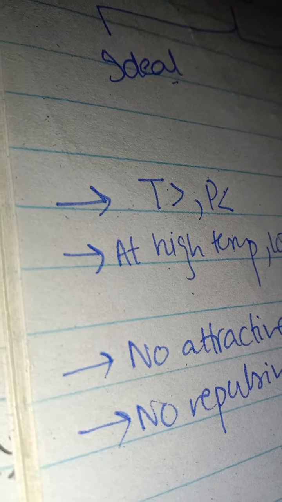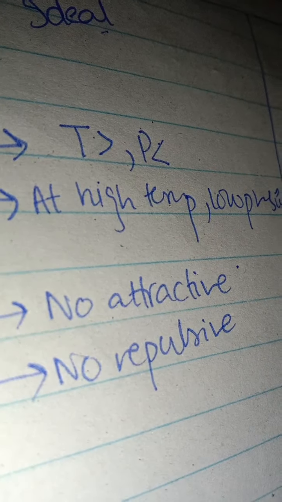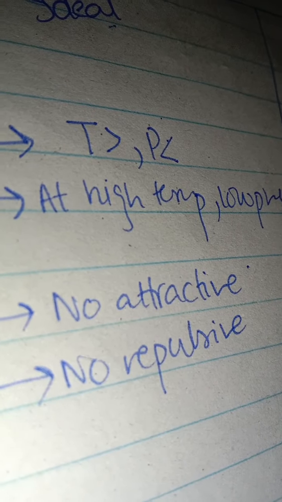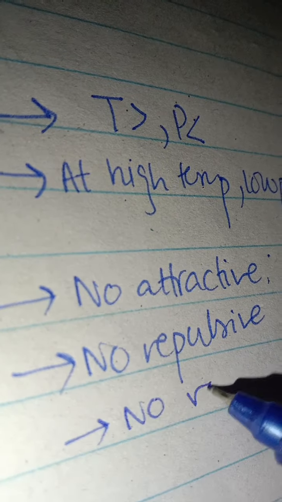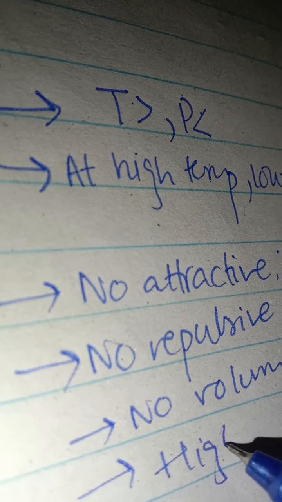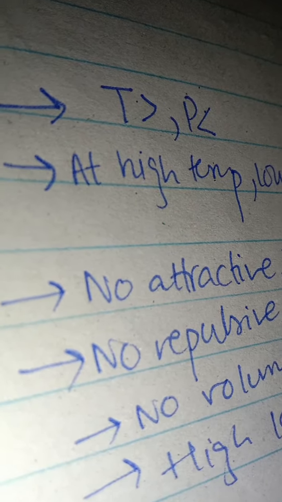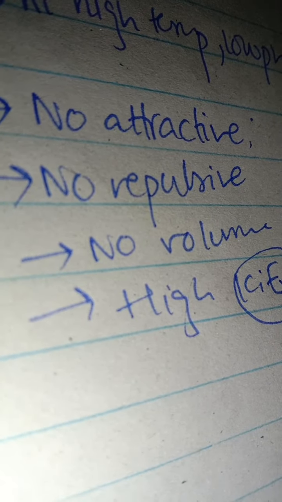Of course, when the particles are moving apart, how is it possible that attractive or repulsive forces are present in the gas? So the repulsive and attractive forces are not present. There would be no volume, but it would have high kinetic energy.